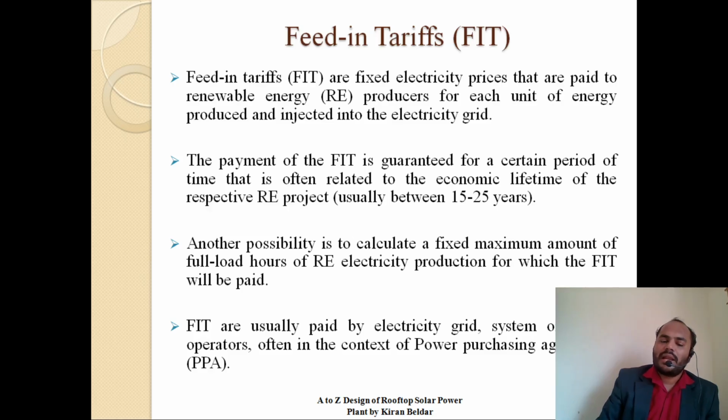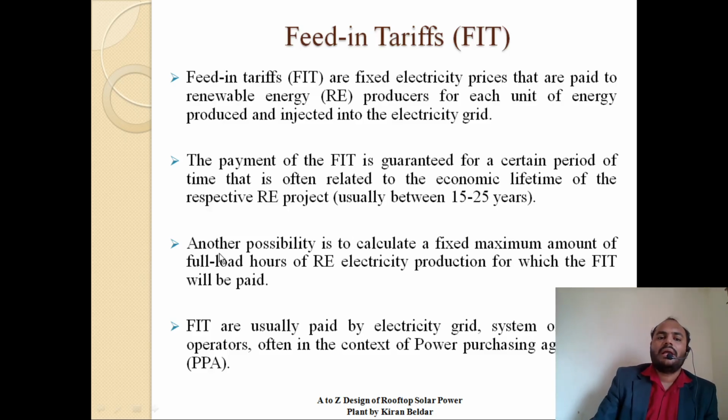So there is a contract between the customer or the rooftop owner who is selling electricity to the grid and the grid, that for the 25 years of lifetime of the solar project, whatever electricity in units has been generated is totally sold to the electricity grid, and the grid will pay for that amount of energy to the rooftop owner.